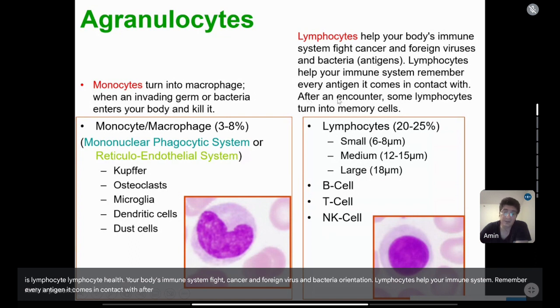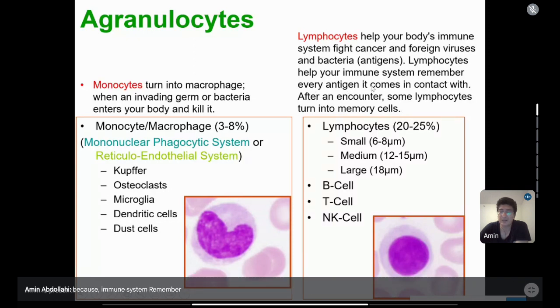After an encounter, some lymphocytes turn into the memory cell, because the immune system remembers every antigen it comes in contact with. This is the function of lymphocyte.